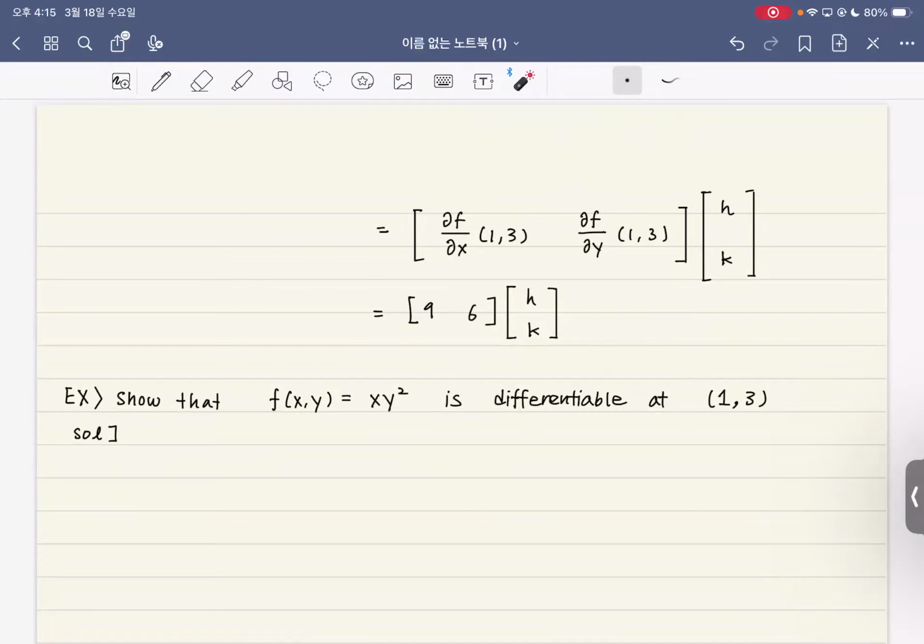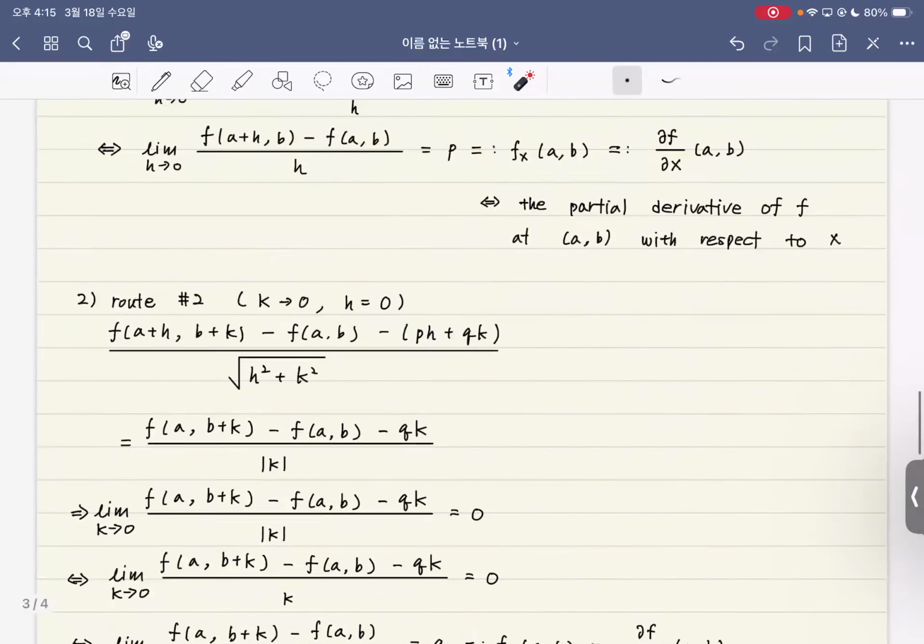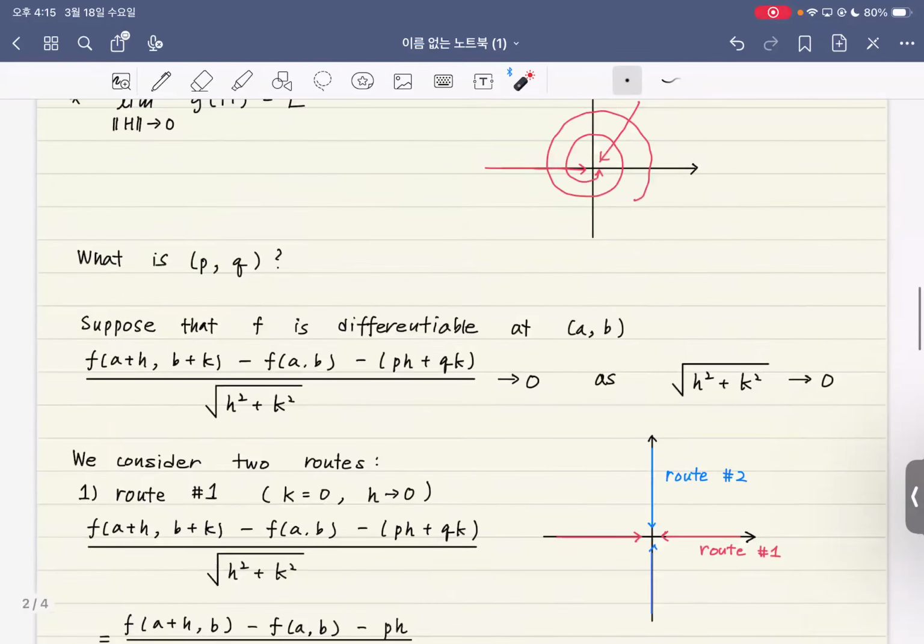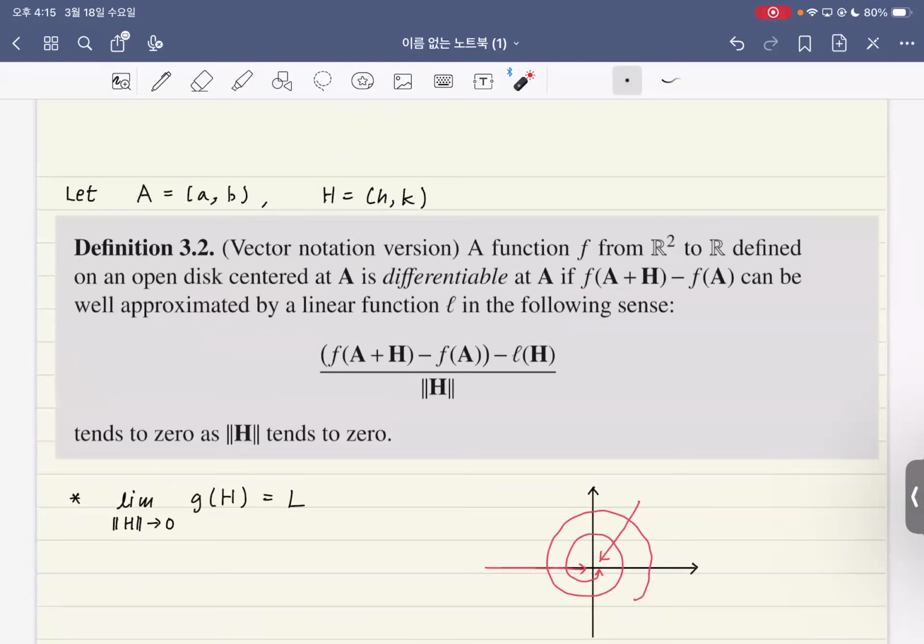All right. So in order to see that this function is differentiable at this point, I go way back to the definition. Then I will need to verify that this guy is tending to 0 as (h, k) tends to 0, right? This is what I'm supposed to show. And I will need to find this function L, right?